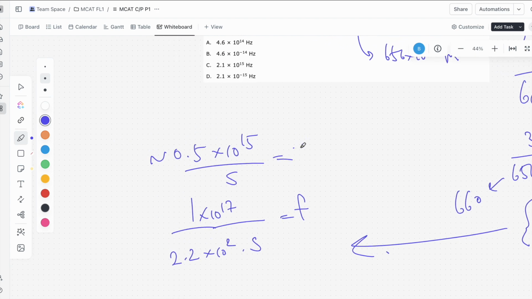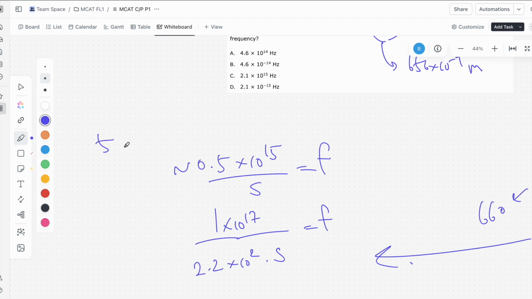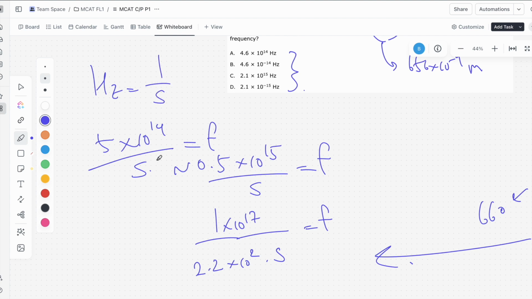That's going to be around 5 times 10 to the 14th per second. That's our frequency here. Now, you'll notice all of our units are in hertz. Well, hertz is the same as 1 over s. So 5 times 10 to the 14th per second is the same as 5 times 10 to the 14th hertz.